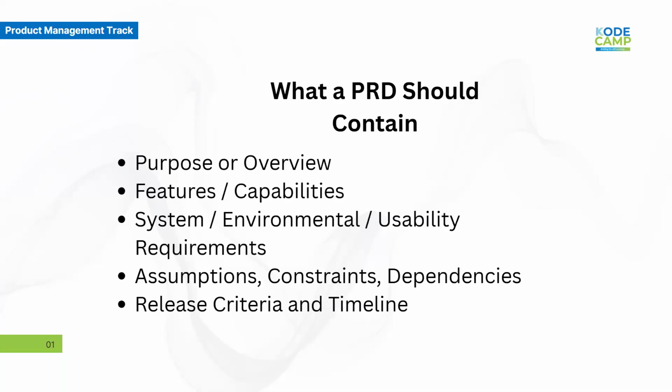This helps you explain what problems we are solving, what opportunities we are seizing, and how this fits into the broader product or business strategy. So that is the purpose and overview that should come first in your PRD.